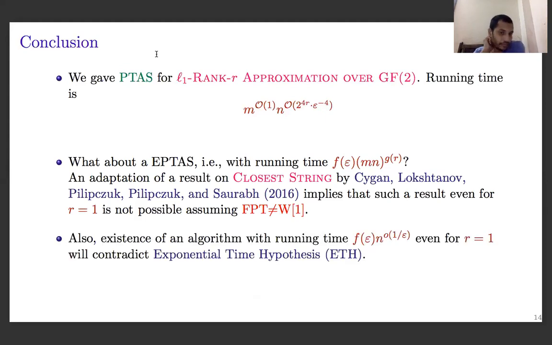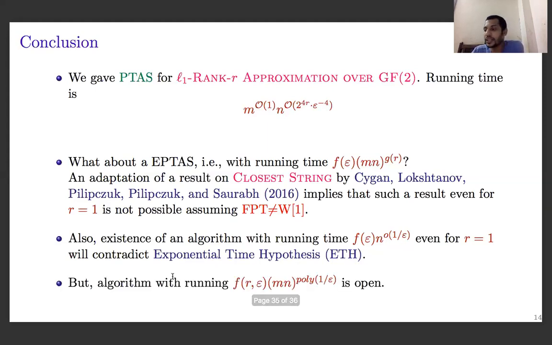And in fact, by adapting a similar result about closest string, assuming the exponential time hypothesis, we cannot even get an algorithm of running time f of epsilon times n to the little o of 1 by epsilon, even for r equal to 1.